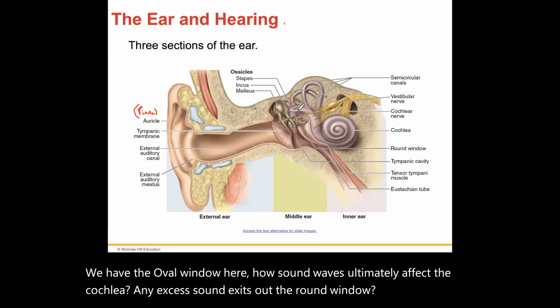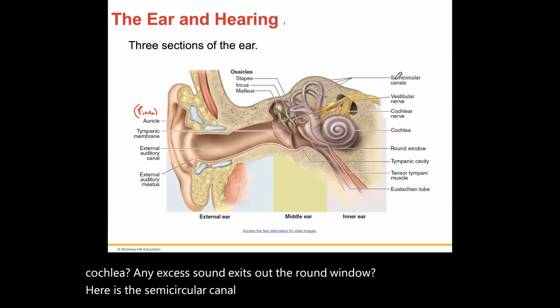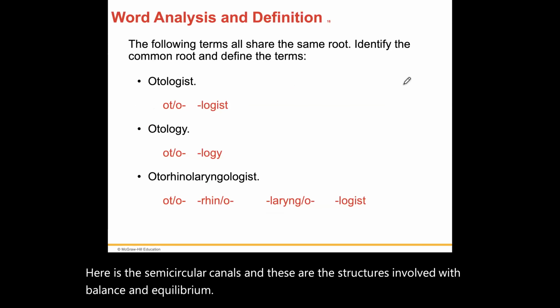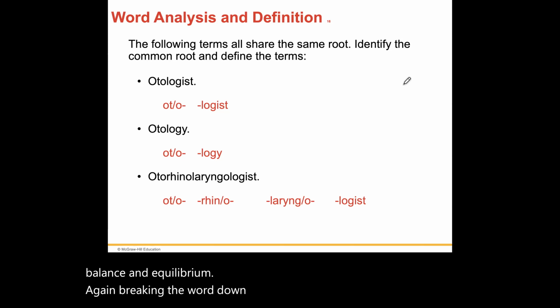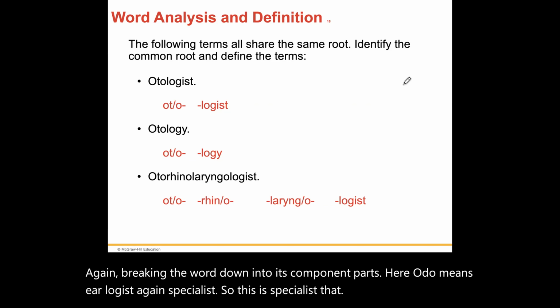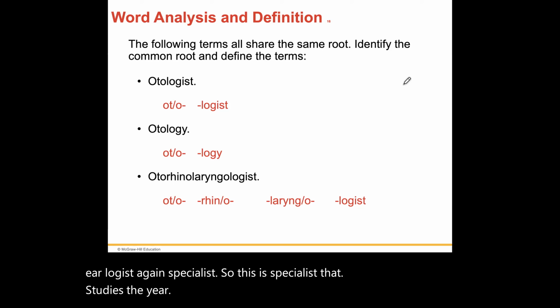Here are the semicircular canals, and these are the structures involved with balance and equilibrium. Again, breaking the word down into its component parts here. Oto means ear, logist, again, specialist. So this is a specialist that studies the ear. Otology is just the study of the ear.